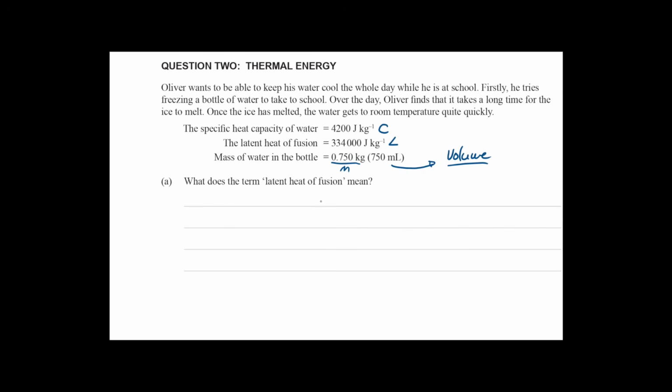Okay, what does the term latent heat of fusion mean? So this is represented by this little formula here, ML.